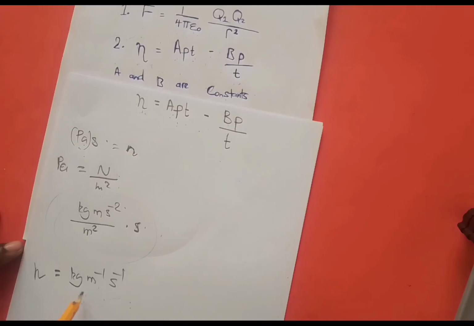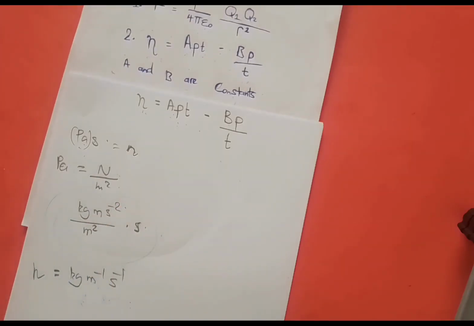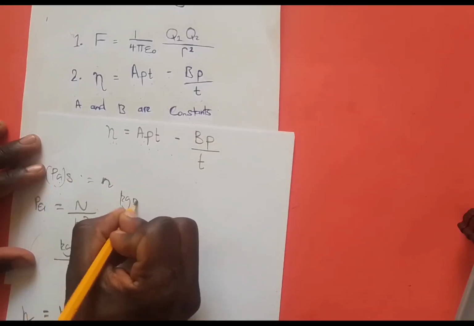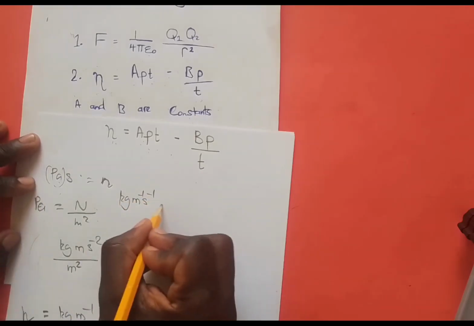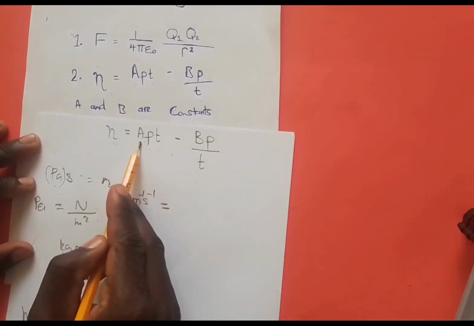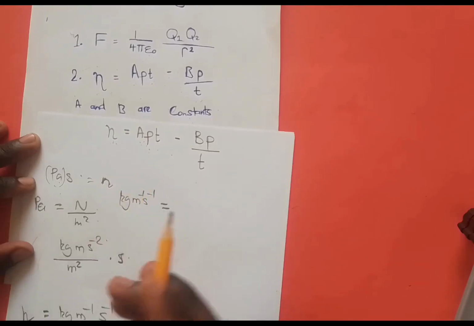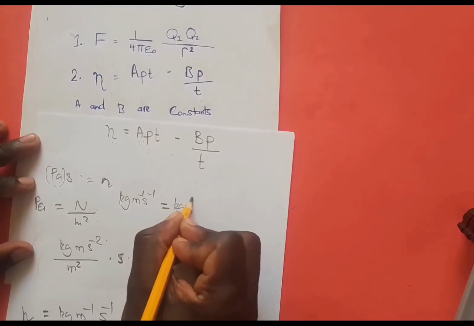So let's substitute kg per meter per second into the equation now, because we want to prove the homogeneity, right? So nu is equal to kg per meter per second, equal to A, which is a dimensionless constant. Then rho is density; the unit for rho is kg per cubic meter.